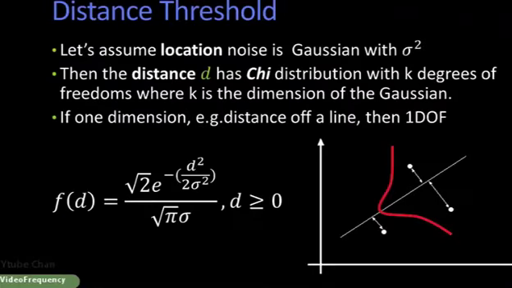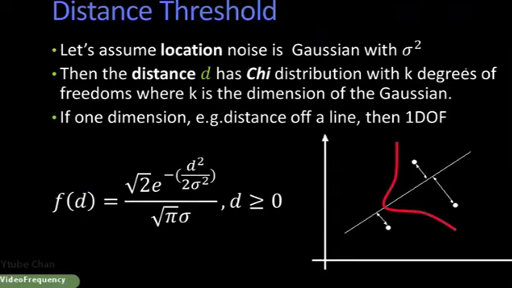So let's go back to our line example. You remember this? If we were just looking at a line, let's assume that we have this real line, and that our points are perturbed by Gaussian noise. This is the thing we looked at last time. The distance in a Gaussian is sometimes a complicated thing. If you have a multidimensional Gaussian, you may know about chi-squared, and the square root of that is the distribution of the distances.